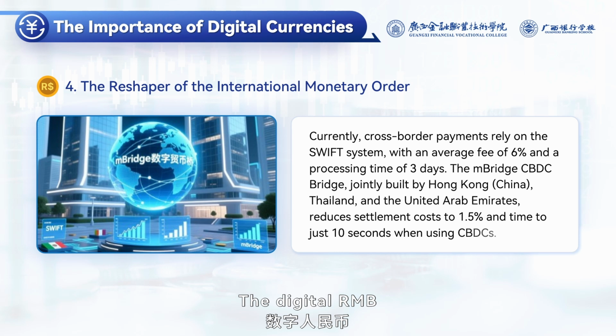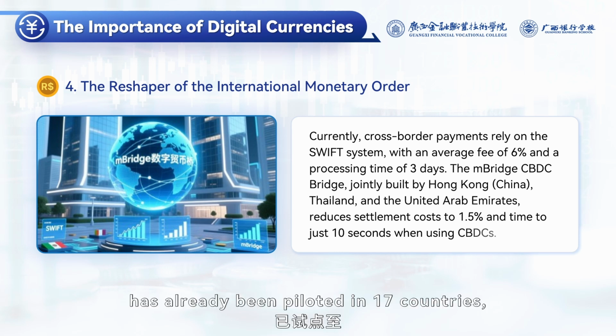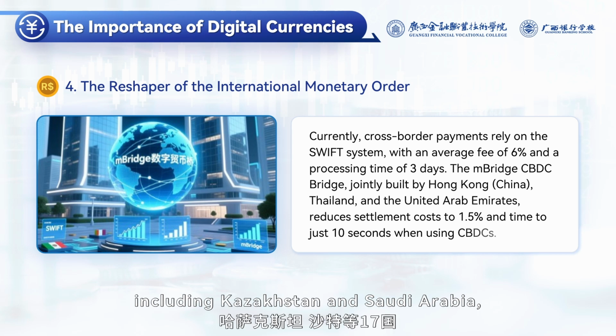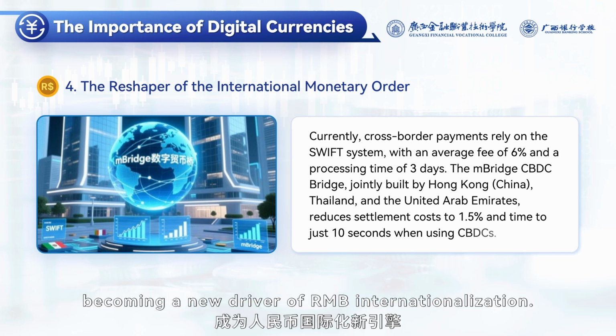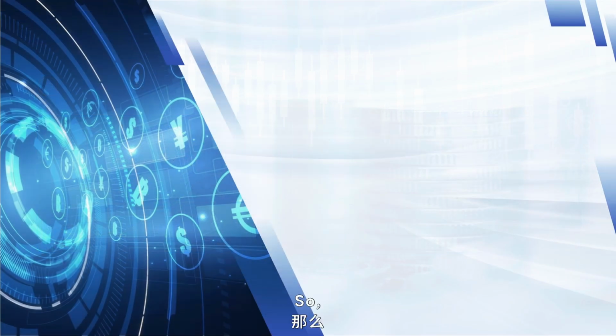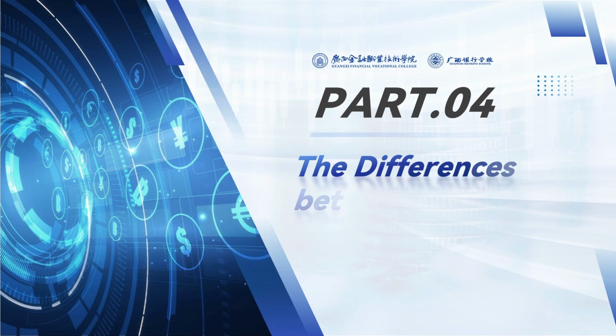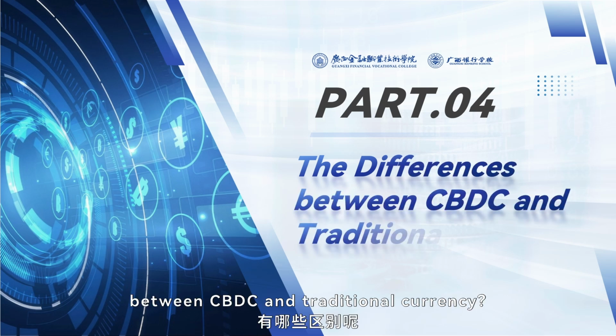The digital RMB has already been piloted in 17 countries, including Kazakhstan and Saudi Arabia, becoming a new driver of RMB internationalization. So, what are the differences between CBDC and traditional currency?